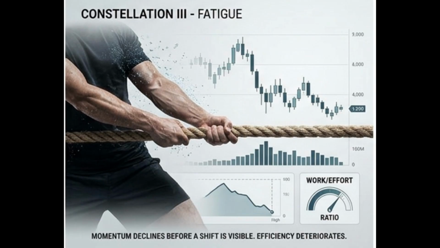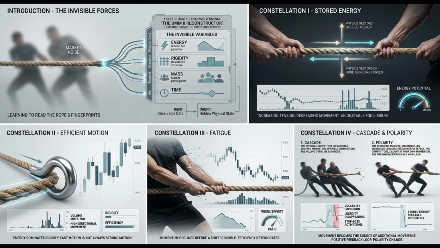Typical observations include increasing volume, declining momentum, smaller price advances, longer trend duration. The market continues moving. Internally, the amount of work produced by each unit of effort continues declining. The trend survives, but its efficiency deteriorates.